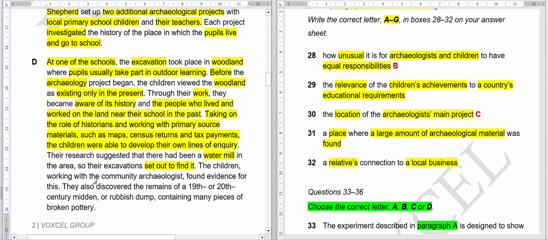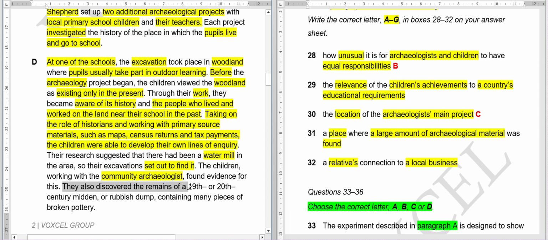The children working with the community archaeologist found evidence for this. So the children who were working with this community archaeologist, I believe Colin Shepherd, found evidence for this, maybe the watermill. They also discovered the remains of a 19th or 20th century midden or rubbish dump containing many pieces of broken pottery.